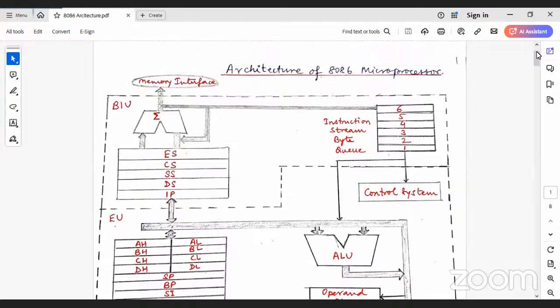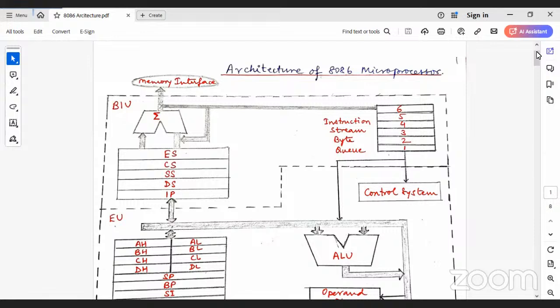The dotted block represents the processor, and this processor is interfaced to the memory. At the top left corner, you can see you have a memory interface, through which the to and fro motion of the data, that is the input and output of the data, will take place.